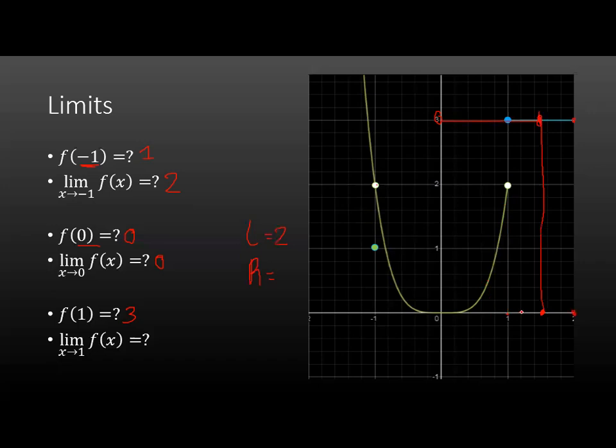So we let our x values get closer to 1 from the right side. So the answer is still 3. So that means as we let our x values get closer to 1 from the right side, the answer is 3. And both of them are not the same. So therefore, your answer here is D and E. The limit does not exist here since both of them are not the same.